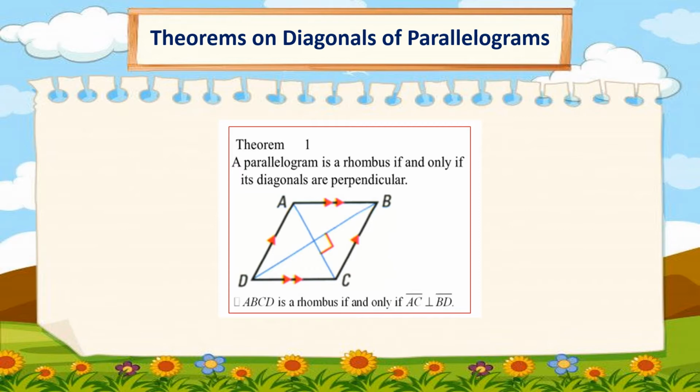Say for example, we have parallelogram ABCD with diagonals AC and BD. Now, parallelogram ABCD is a rhombus if and only if AC is perpendicular to BD. Perpendicular meaning there are 90-degree angles formed at their intersection.